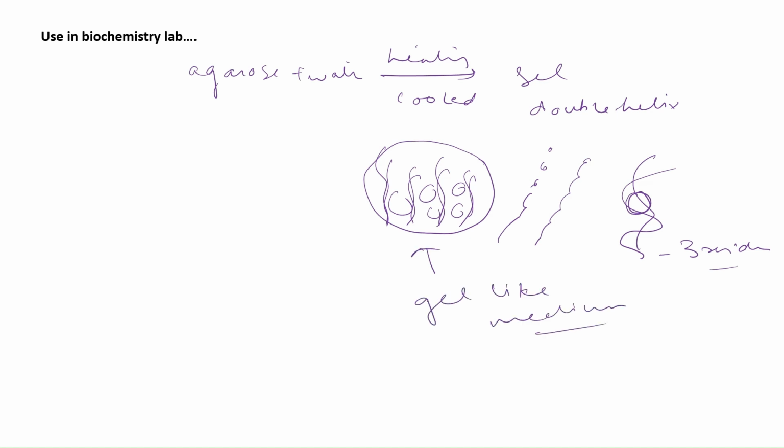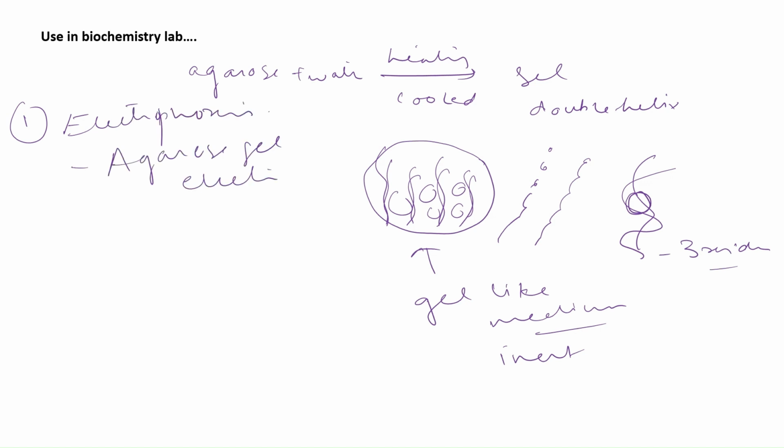And because they can form a gel-like inert medium, they are used in electrophoresis. You all might have heard about agarose gel electrophoresis, right? For the separation of nucleic acid. So here purified agarose is used as an inert base to run the nucleic acid. The second is, if you are a microbiology student, you might have used NAM, that is nutrient agar media.